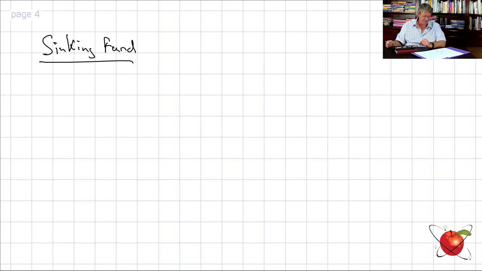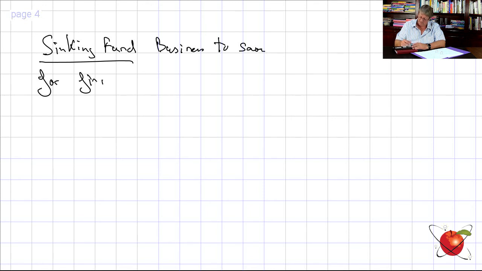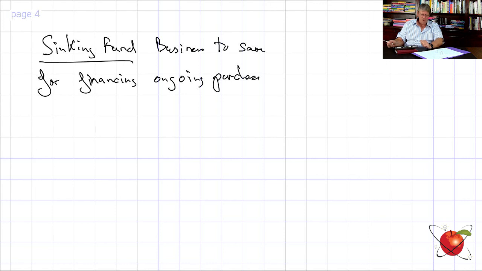The sinking fund basically is used by a business to save for financing ongoing purchases, usually for replacement of machinery, etc.